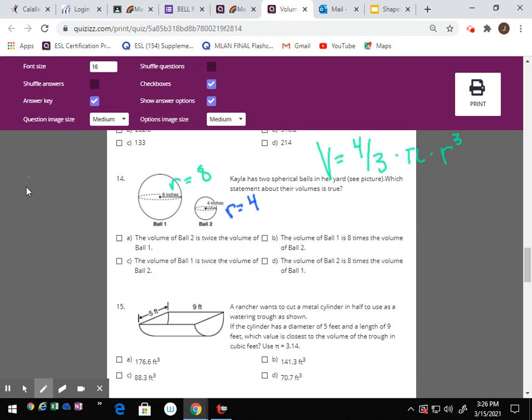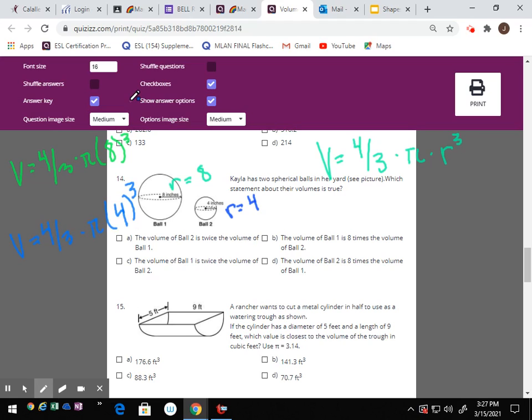Okay? So we have 2 formulas. We have V is equal to 4/3 times pi times 8 cubed. And then we also have V is equal to 4/3 times pi times 4 cubed.